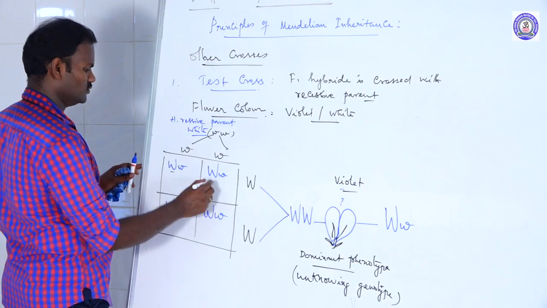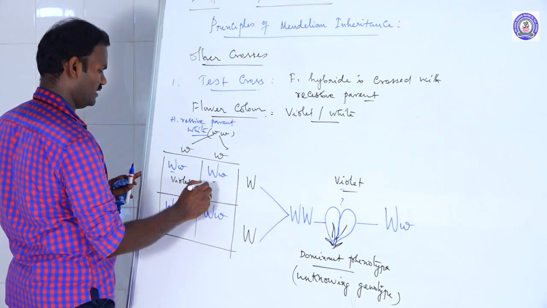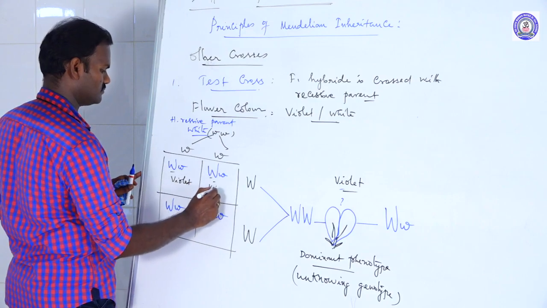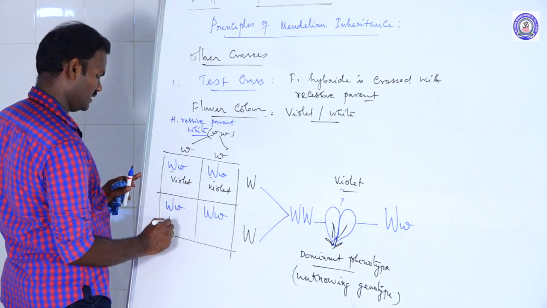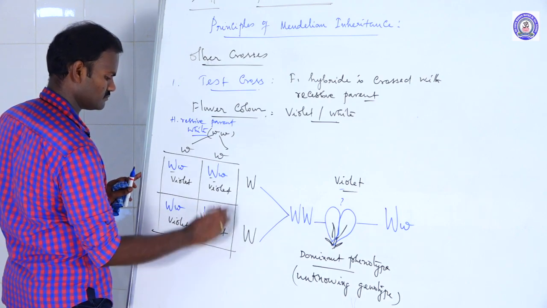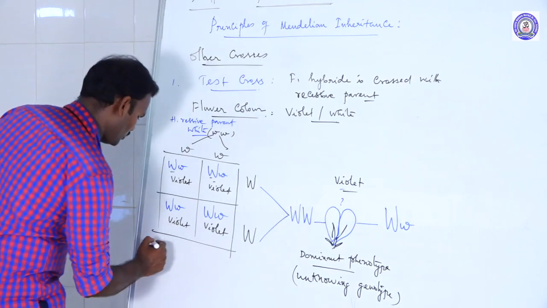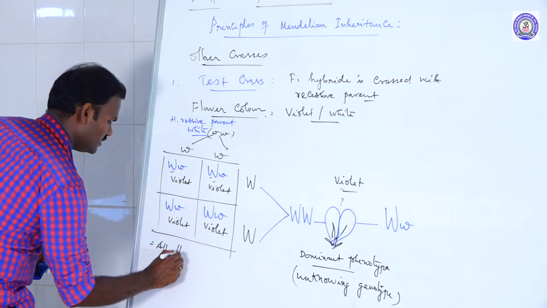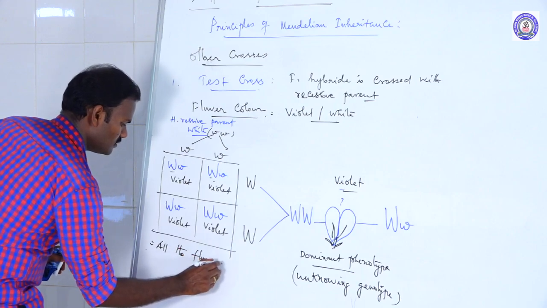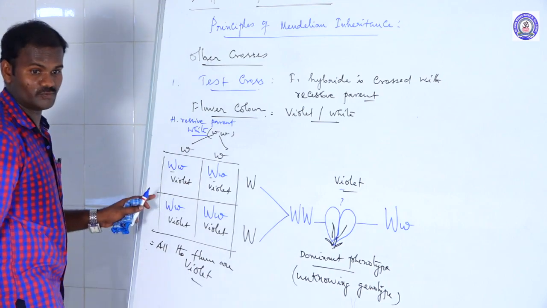So capital W small w is a violet flower. It is also violet, and here also violet. So all are violet flowers. All the flowers are dominant characters; only the violet dominant character is expressed.